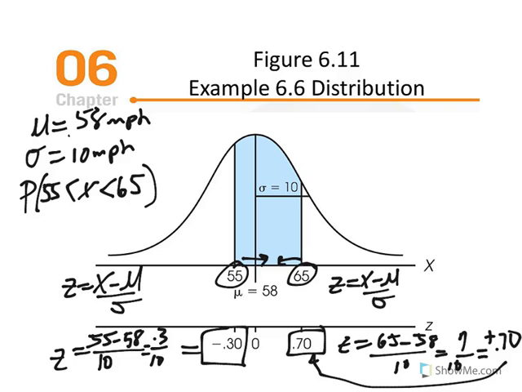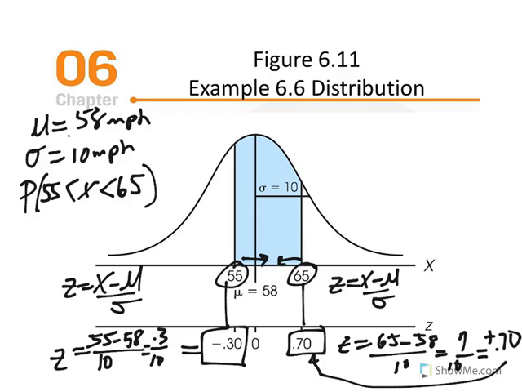So now we've converted those scores, relabeled them as standard deviation units. So a score of 65 is 0.7 standard deviation units above the mean, and a score of 58, or a speed to be more precise, is 0.3 standard deviation units below the mean.